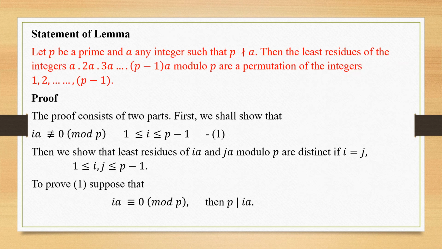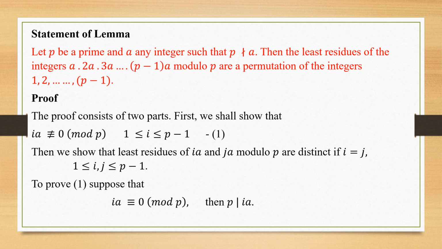First, we'll start with the statement of the lemma, which is applied in Fermat's theorem. Let p be a prime and a be any integer such that p does not divide a. Then the least residues of the integers a, 2a, 3a, and so on up to (p minus 1) times a modulo p are a permutation of the integers 1, 2, and so on up to p minus 1.